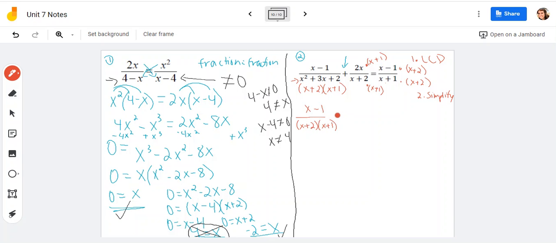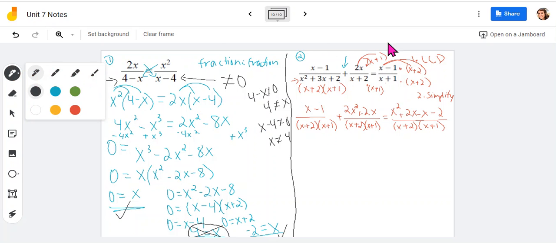And then distributing this 2x, I get 2x squared plus 2x over my LCD equals, and then here we have to FOIL, so sometimes this can take a little while, x squared plus 2x minus x minus 2 all over my LCD.